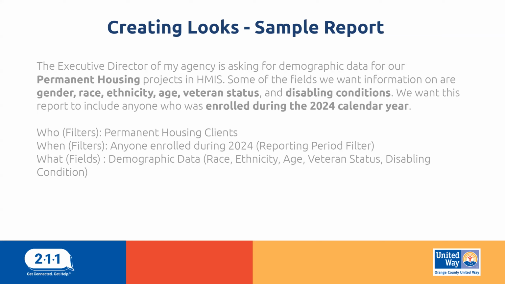Because we're looking at demographic data, we're aware that that data is going to be present on the client's page, so that guides us on what fields we're going to be adding. So I'm going to go back into Looker, and I'm going to show you exactly my process for how I would create this report.